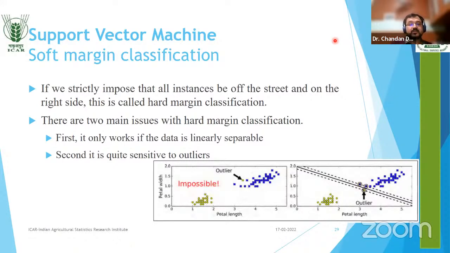That means our decision boundary is very stiff.